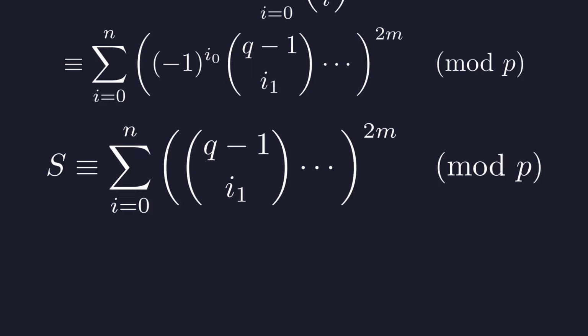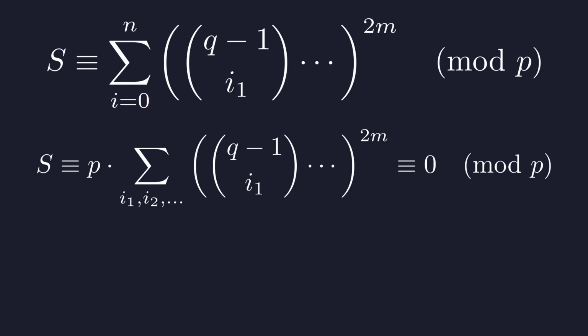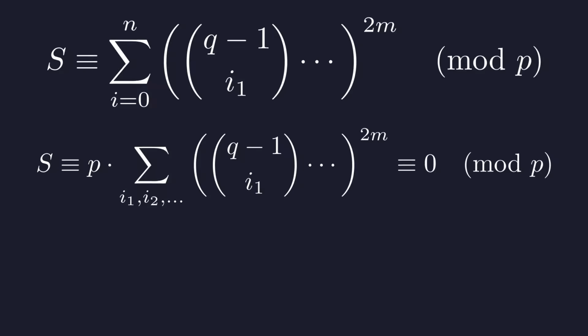We can now group the terms by the value of i0. For each fixed set of higher digits, we sum over all p possible values of i0, from 0 to p minus 1. This introduces a factor of p into the sum. Therefore, the entire sum S is congruent to 0 modulo p.